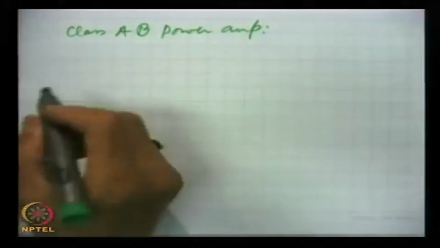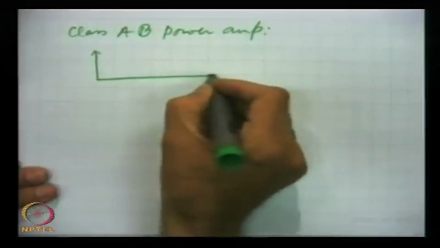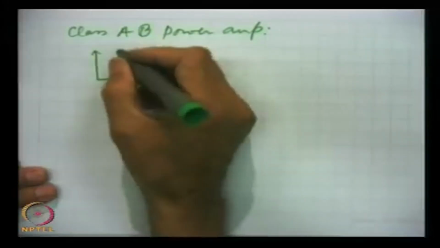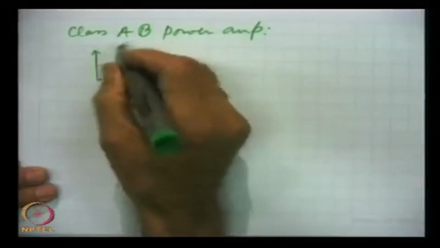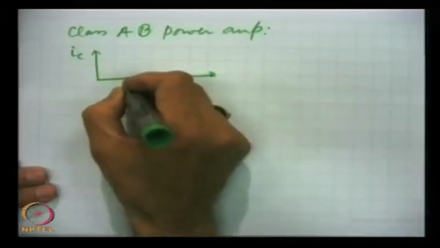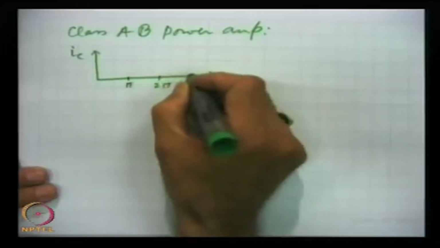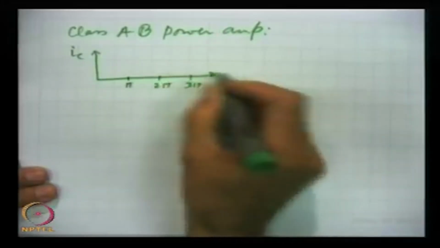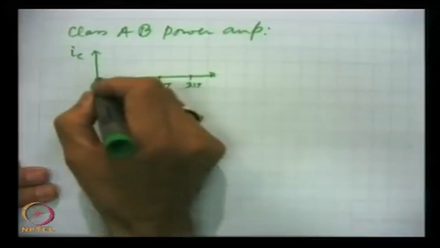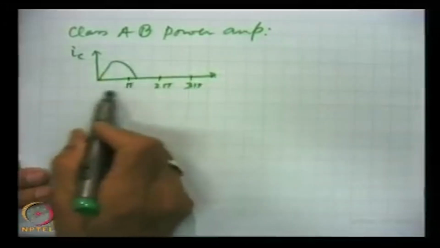This can be shown like this. This is IC and this is pi, 2 pi, 3 pi and so on. So, here more than pi.